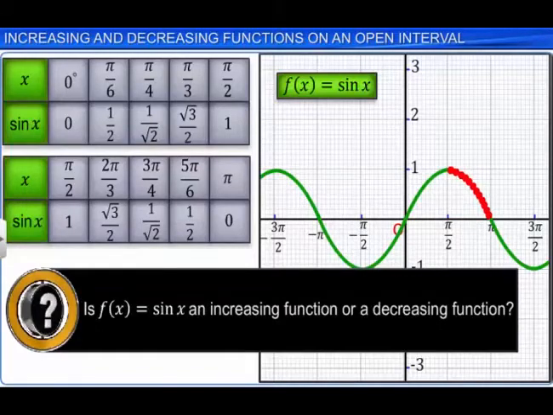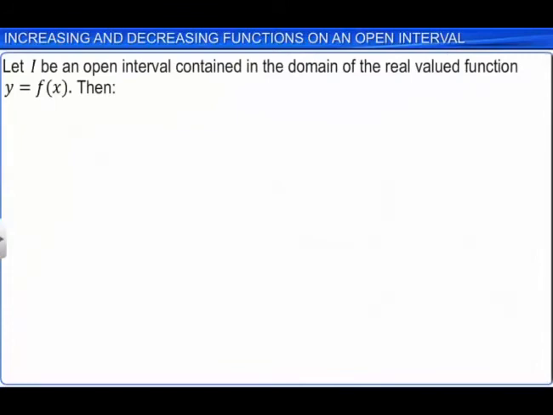Is f(x) = sin x an increasing function or a decreasing function? Let's see the analytical definition of an increasing or decreasing function on an interval to answer this question. Let I be an open interval contained in the domain of the real valued function y = f(x).